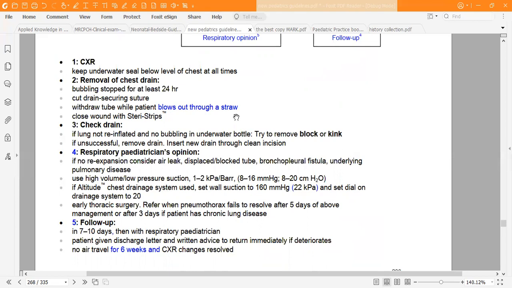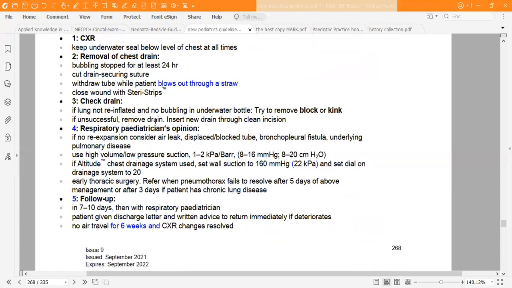So this is the technique: when you remove the chest drain after no bubbling for 24 hours, you ask the patient to blow out while you are withdrawing the tube. Close the wound with steri-strips.